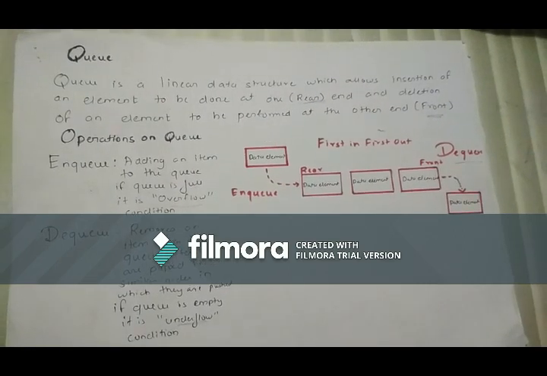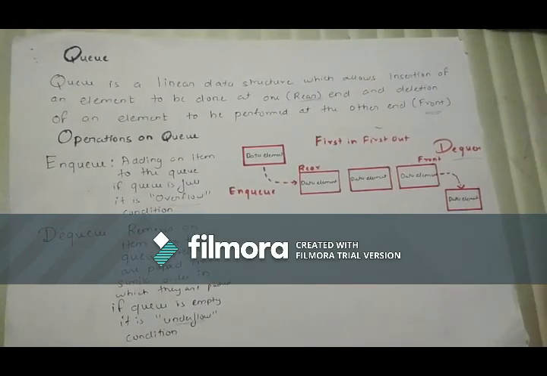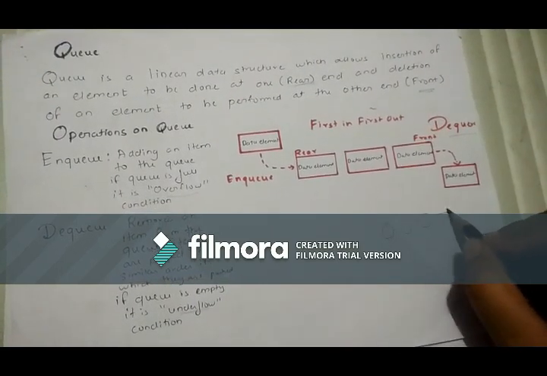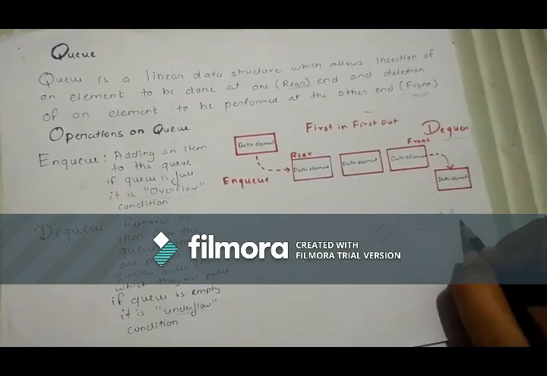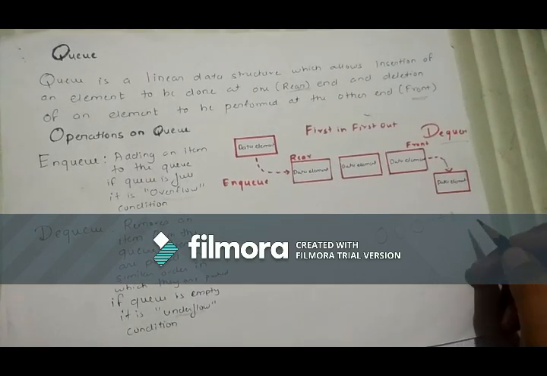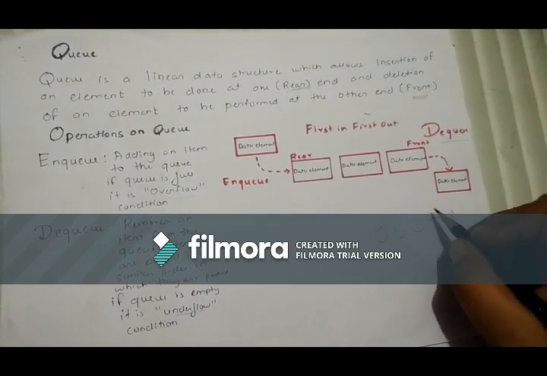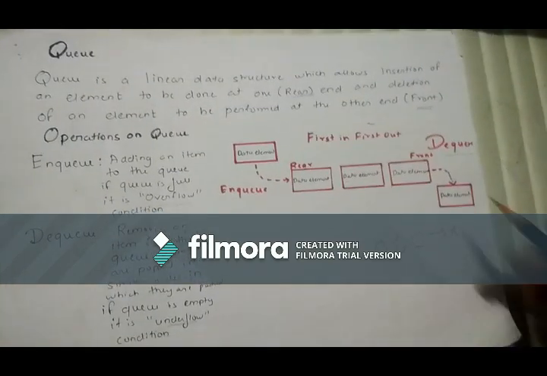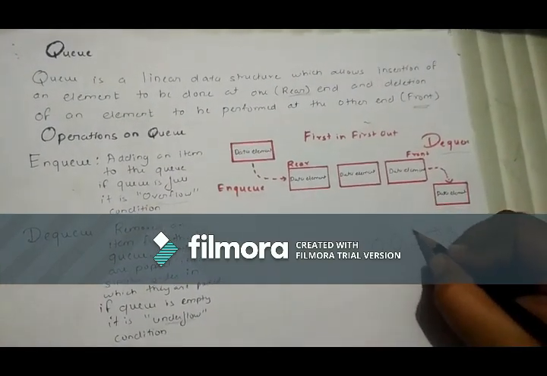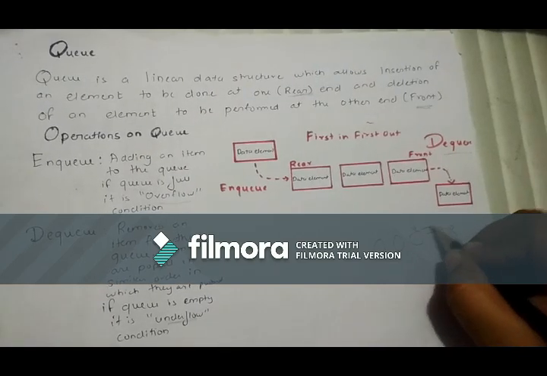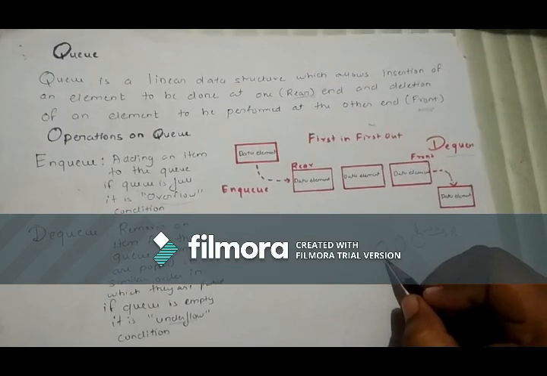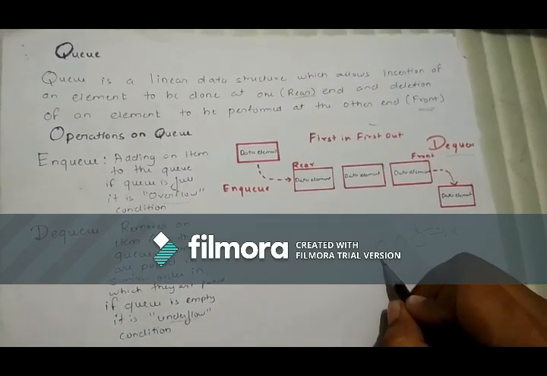Now, a real life example of a queue can be any queue of customers waiting for some resources, for example a ticket or anything else. So the customer that came first will be served first, and the customer that came last will be served last.